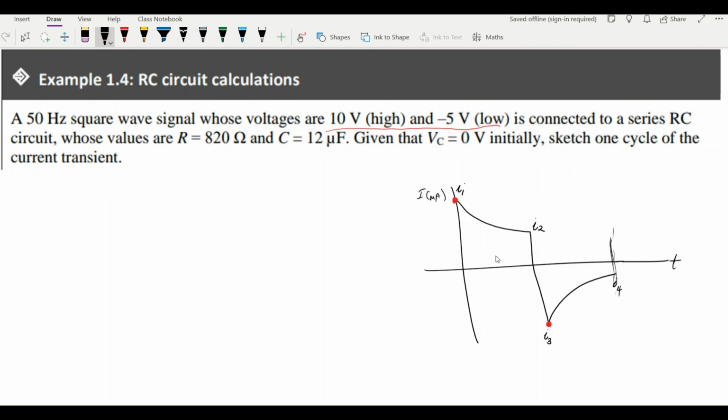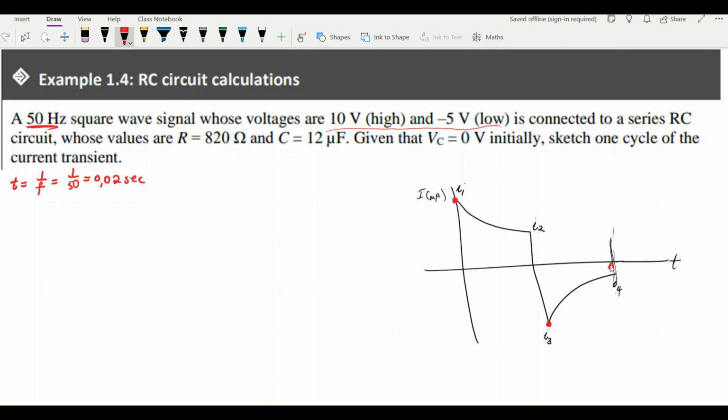Because this is a square wave and we are given our frequency to be 50 hertz, the whole period of this one cycle, T, would be given by 1 over f. This would be 1 over 50, and your calculator should give you 0.02 seconds.